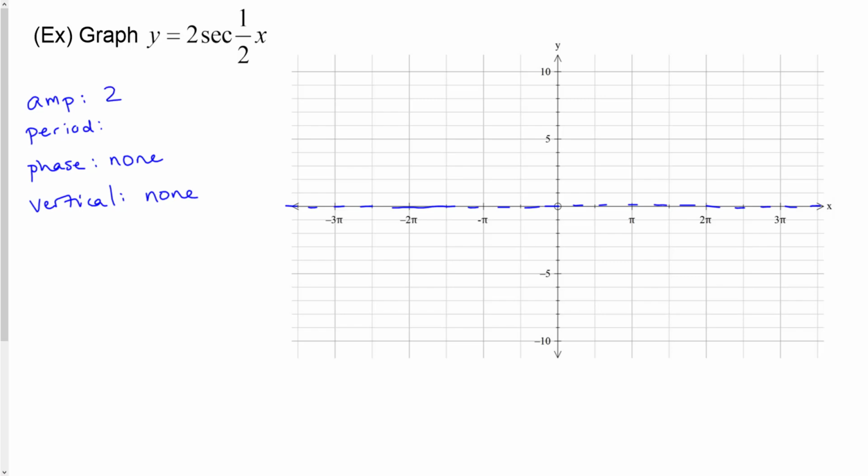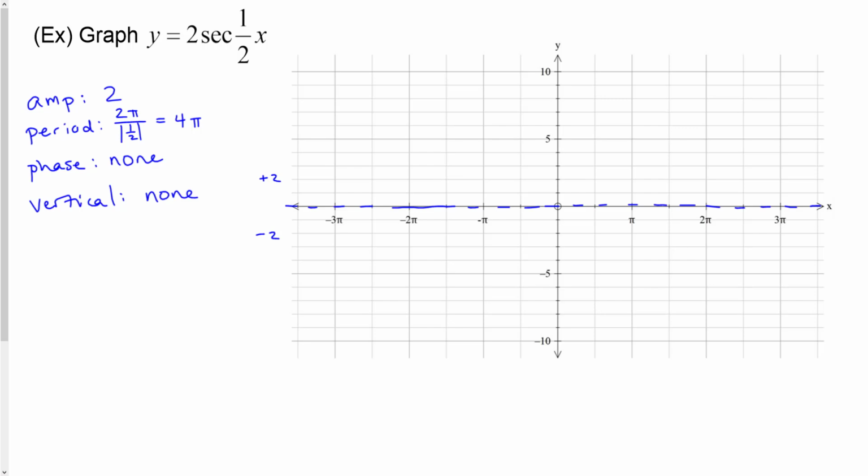Amplitude, it has an amplitude of 2, which means cosine is going to go between +2 and -2 on my graph. And then the period change. So the period for cosine is usually 2 pi, but now I take that number b, divide 2 pi by that number b. So 2 pi divided by 1/2 is 4 pi. So 4 pi is the amount of time it's going to take me to complete one cycle.